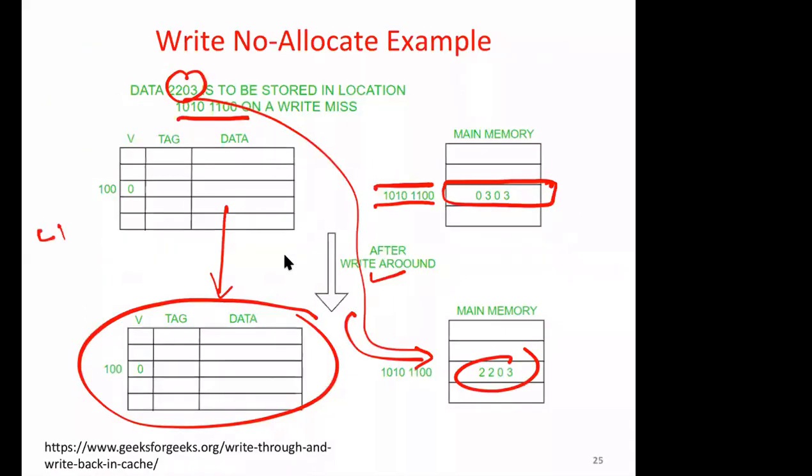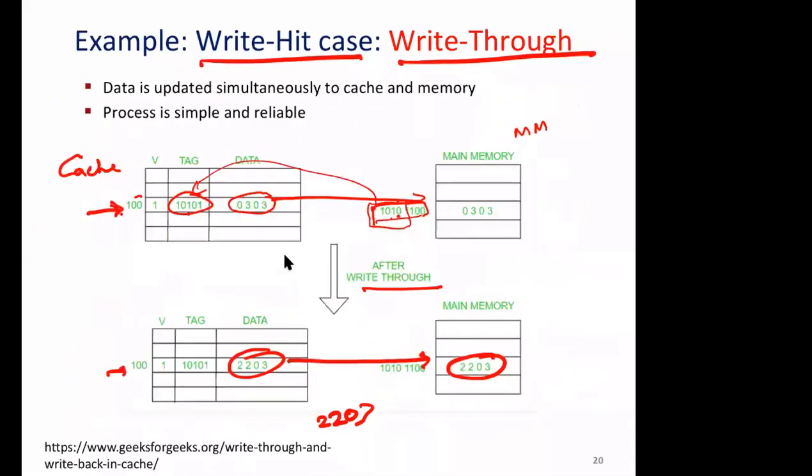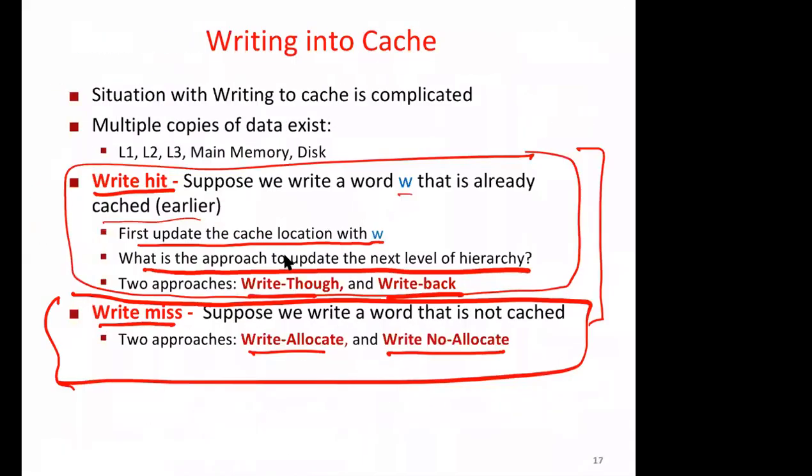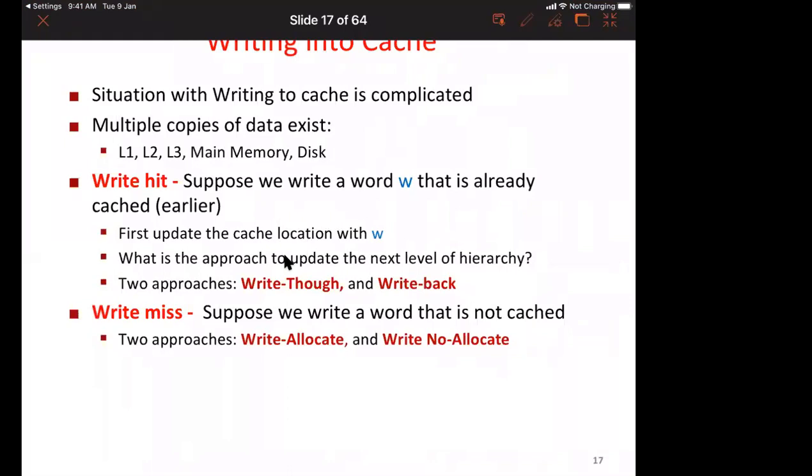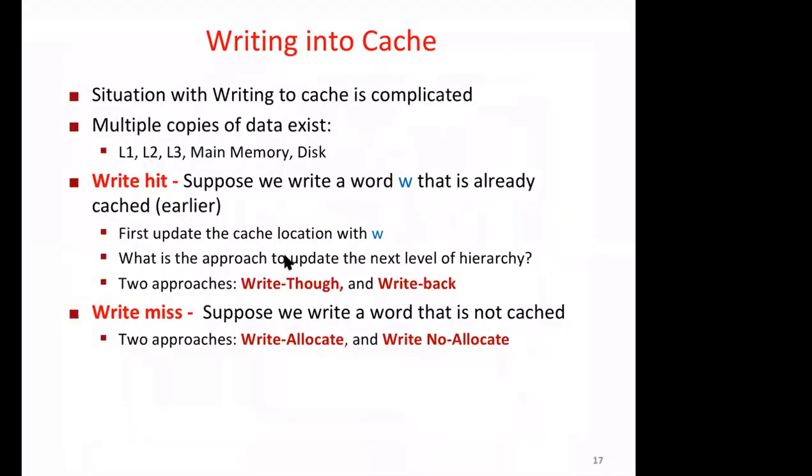So what we have studied is that reading is simple, and when we write there are two possibilities. That particular location is already available in cache, meaning the corresponding block is available. If that is so, then when we write into that location, let's assume it's available in L1, then write it to all levels simultaneously.